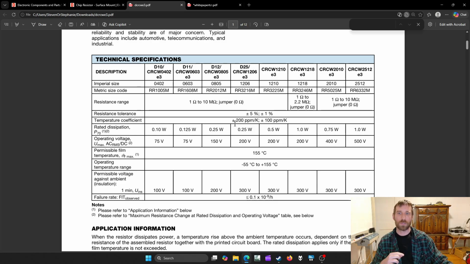For temperature coefficient, it's either 200 ppm per degree Kelvin or 100. So your resistance can vary a little bit based off temperature.